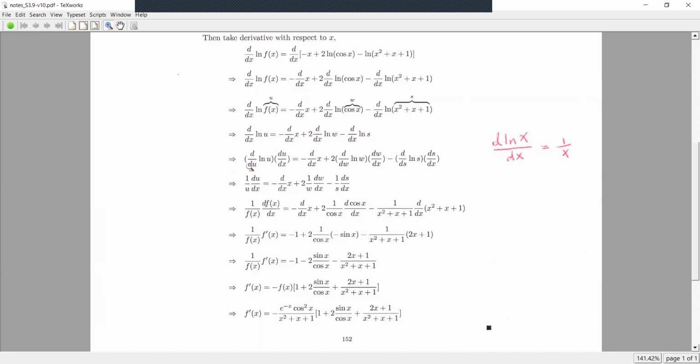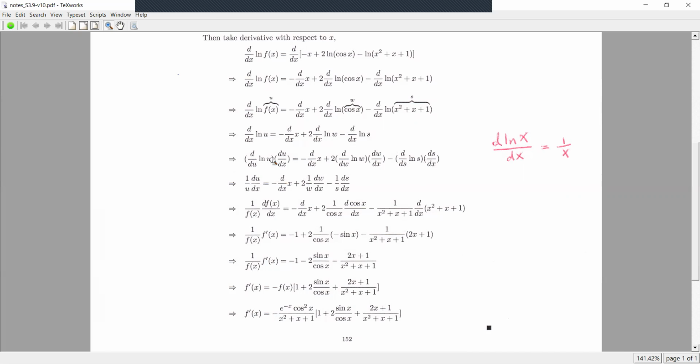I insert du to the bottom and put a du on the top. Then this derivative is the product of these two derivatives. Similarly, by the chain rule, I write this derivative as the product of these two derivatives, and write this derivative as the product of these two derivatives.